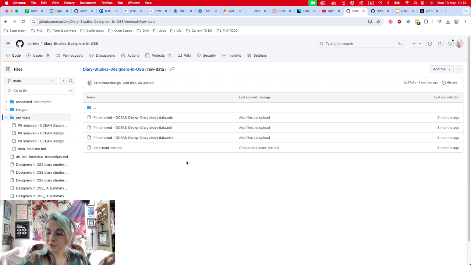So designers in open source, in the best case scenario and the most positive scenario, are seen as a curiosity. It's not uncommon to be welcomed into an open source software project as a designer.